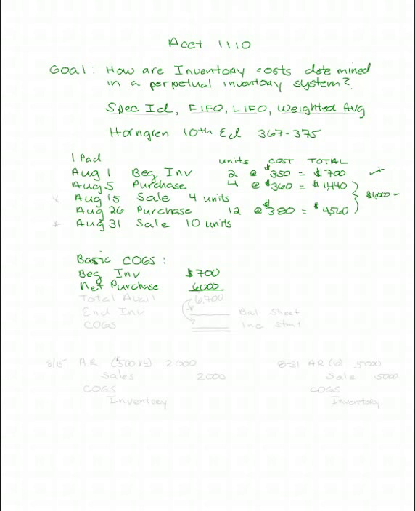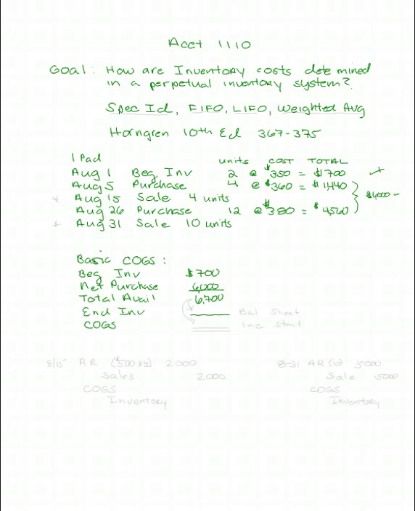If I start the period with $700 and I purchase $6,000, the total I have available for sale is going to be $6,700 worth of inventory. Some of that is going to remain in my ending inventory, and some of that is going to go into cost of goods sold.